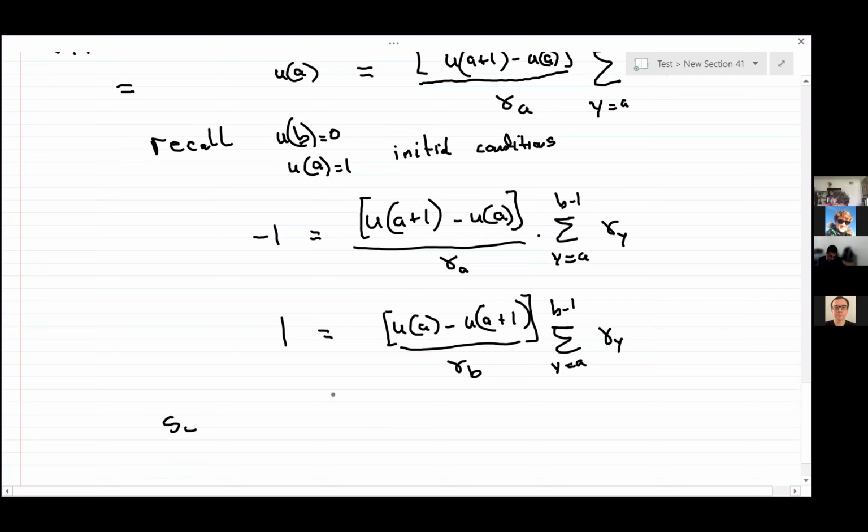So UA minus UA plus 1, that difference divided by gamma B is just 1. And divide both sides of the equation by the sum.